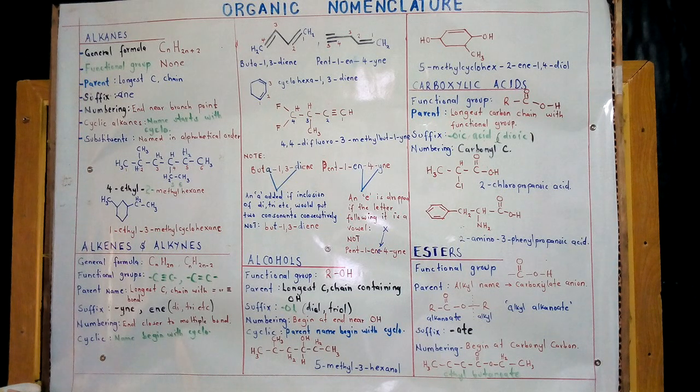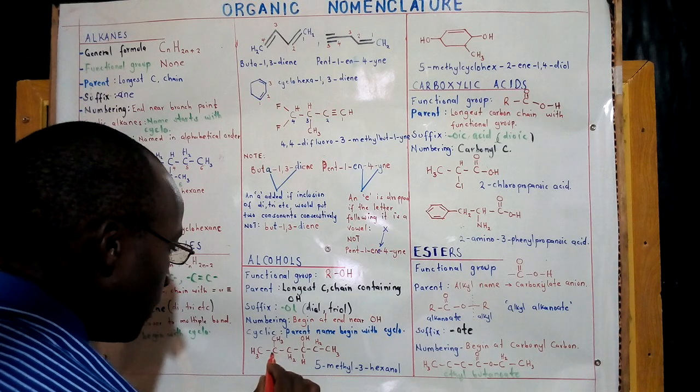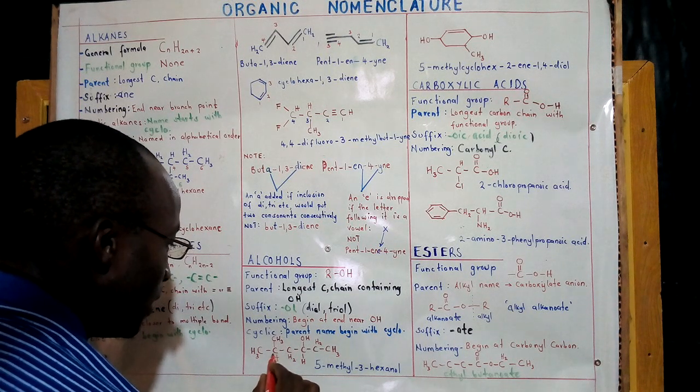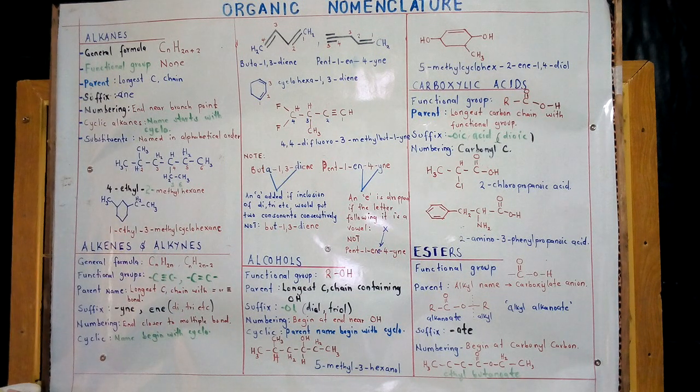So from the parent alkane series, we shall have hexane. Since we have said that it ends with "ol", then that will be hexanol. But we have substituents at points 1, 2, 3, 4. At point number 5, we have a methyl group, which is appearing on this.